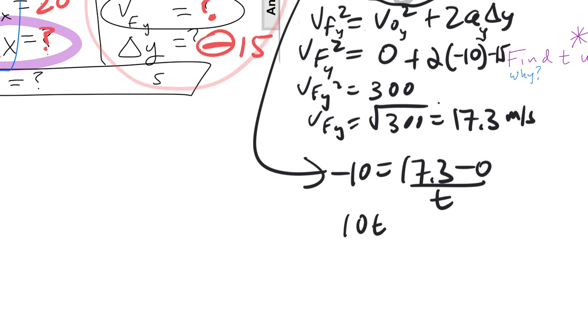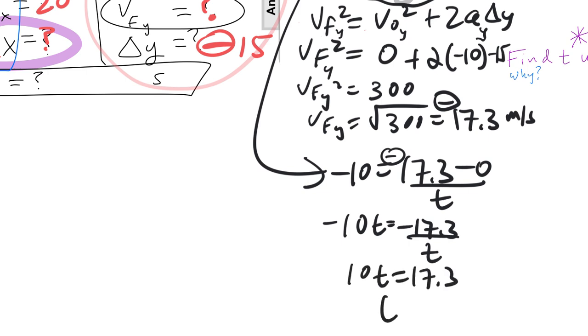I'm sorry, v of y has to be negative because it's going downward. We're talking about velocity. So negative 10t equals negative 17.3. Get rid of the negatives. 10t equals 17.3. The time is 1.7 seconds.